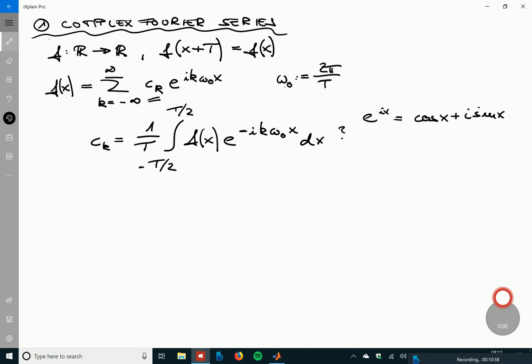To show that, the proof works essentially identically to the ones that we've seen for the real Fourier coefficients. Does anyone remember how that proof procedure worked? What was required and what did we then do? And what was the magic?